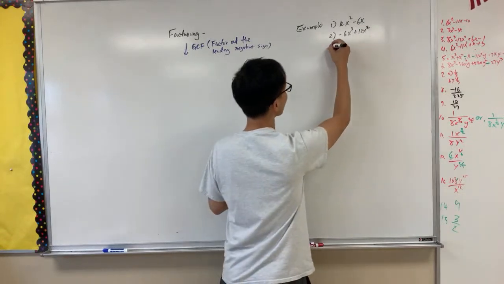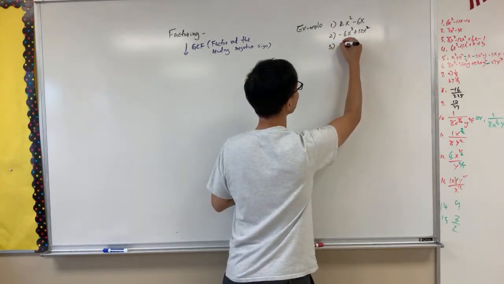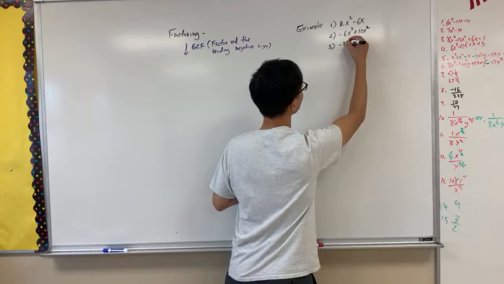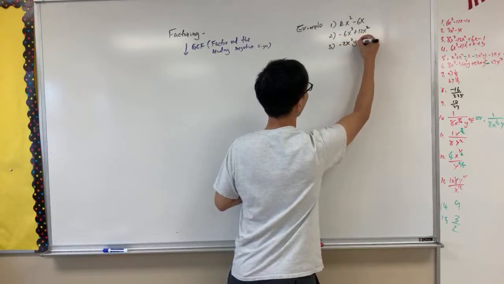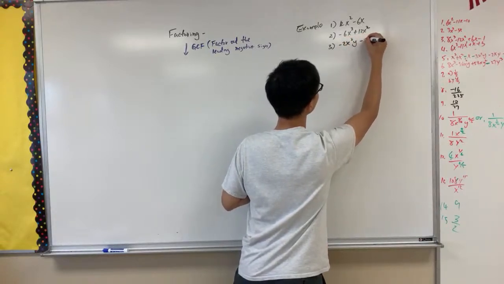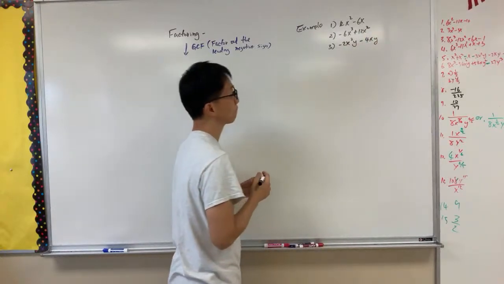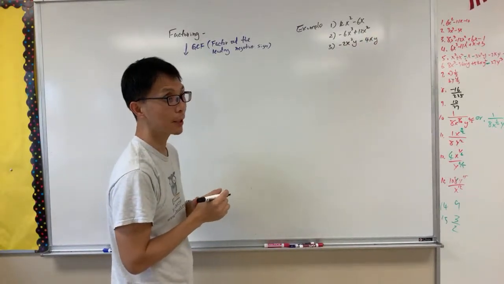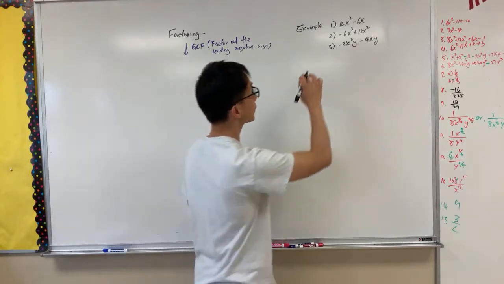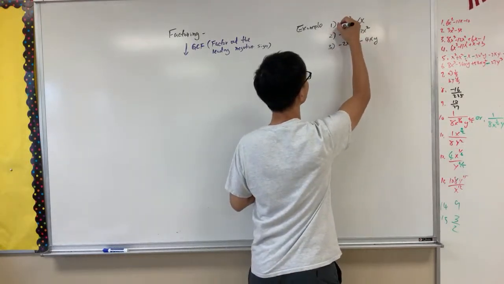The third question, that's mixing x and y's. So negative 2x squared y minus 4xy. So those are examples, yes? For the first one, is that a 12? 12, yes. Let me rewrite that.